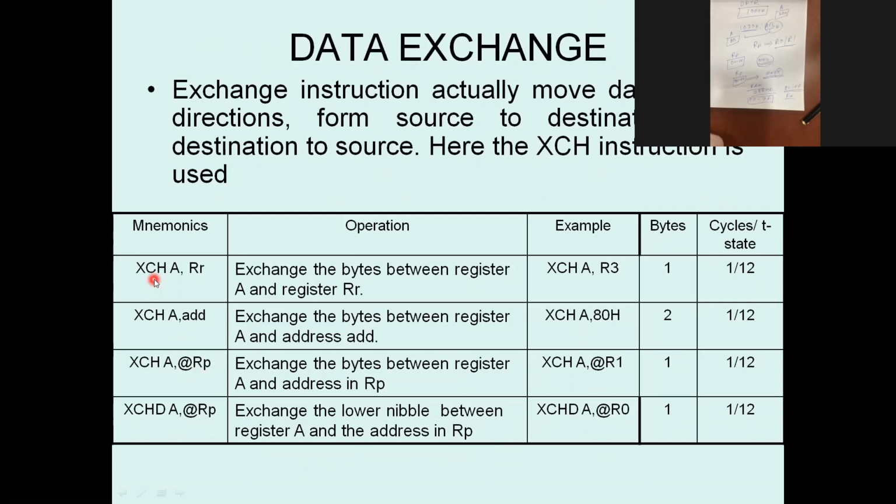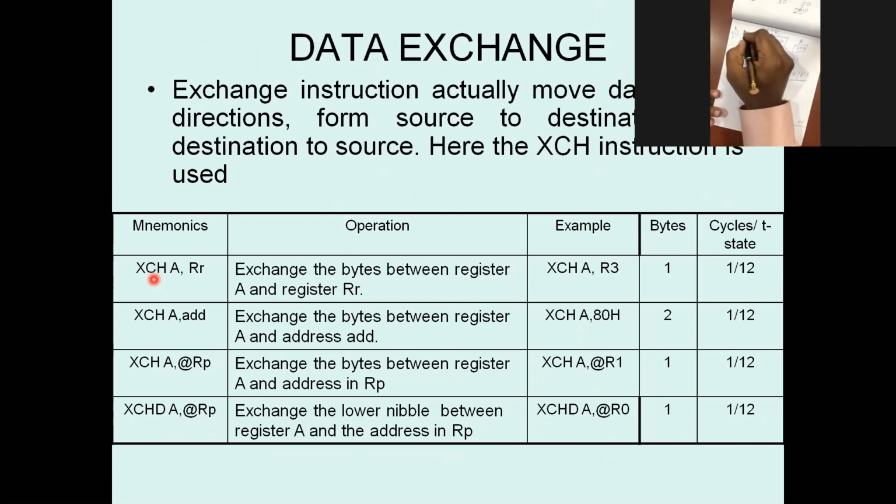XCH is the exchange between A and Rn. Say A is 12 and Rn, say R5, is 34. After the instruction, A will be 34 and R5 will be 12.